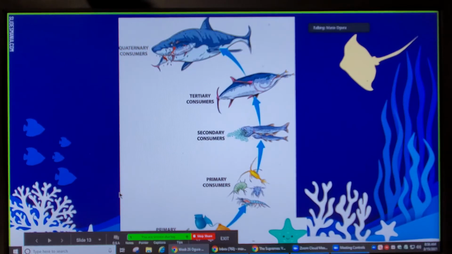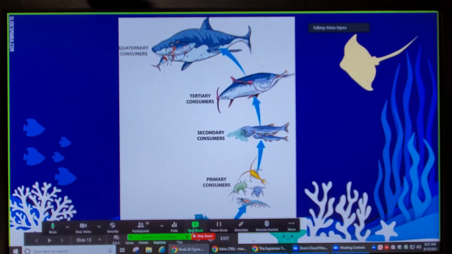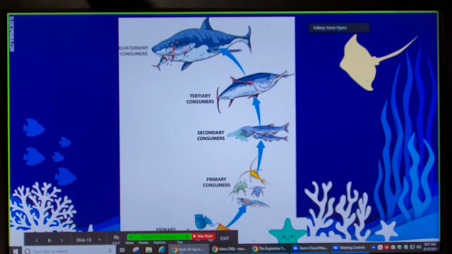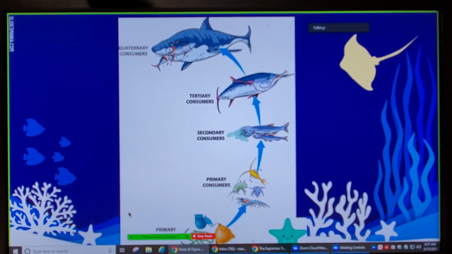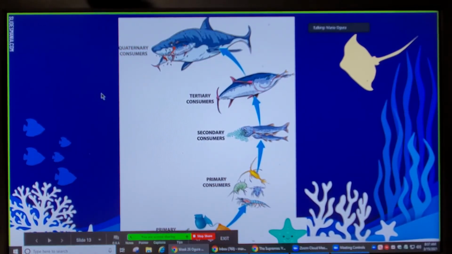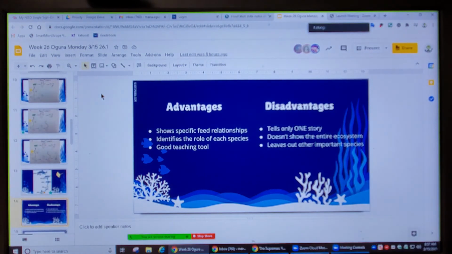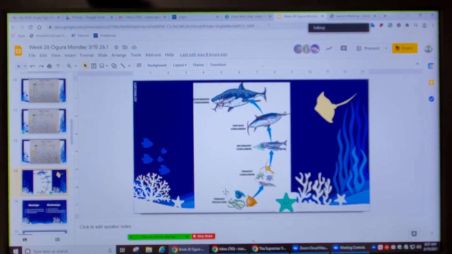It starts down here, and I'm sorry, I'm trying to figure out how to get rid of this thing down here because it blocks my slide. But it starts with a plant. So it's all food, and hold on, I'm going to escape out of this slide, and I am going to move it over.